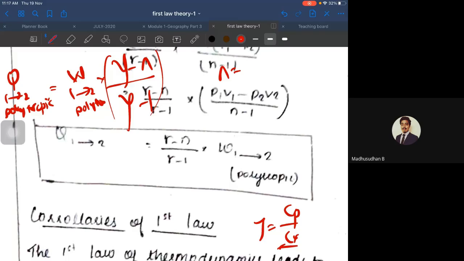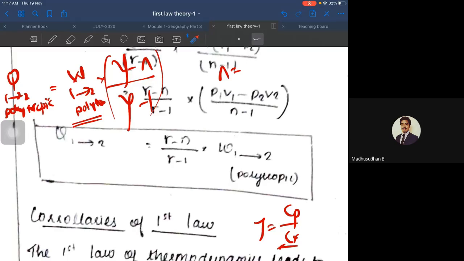So how will you calculate the polytropic heat flow? First, you have to calculate the polytropic work done. Then you have to multiply it with gamma minus n divided by gamma minus 1. Clear?